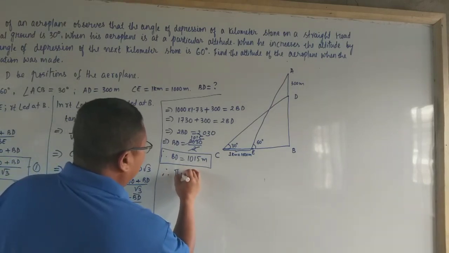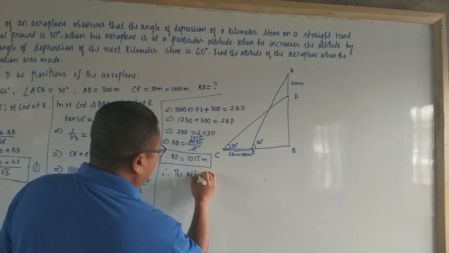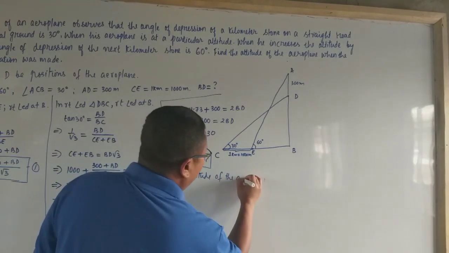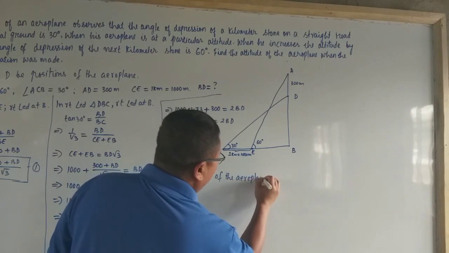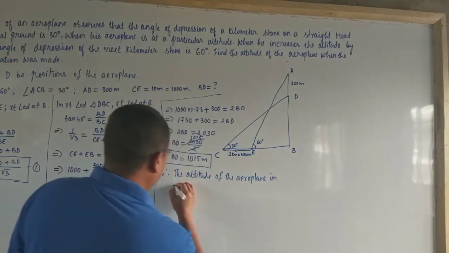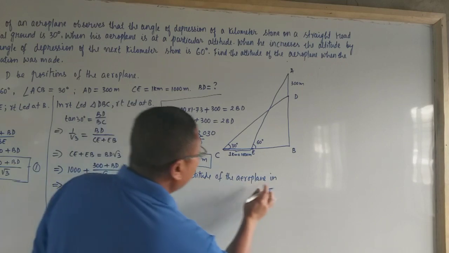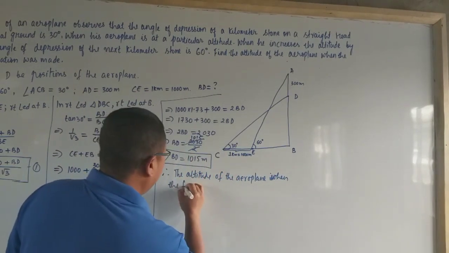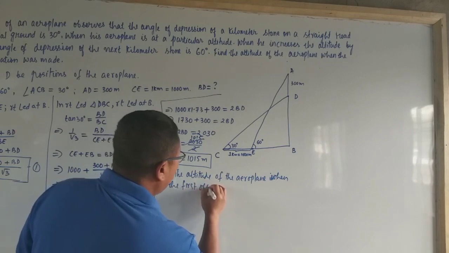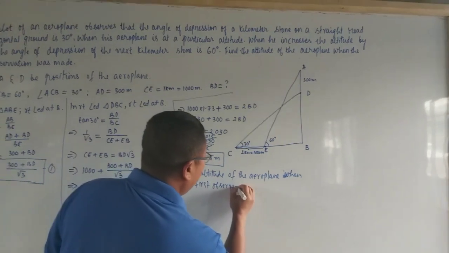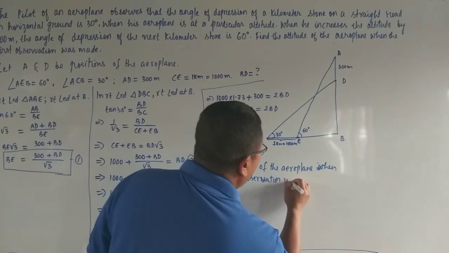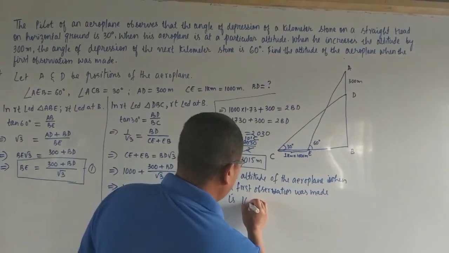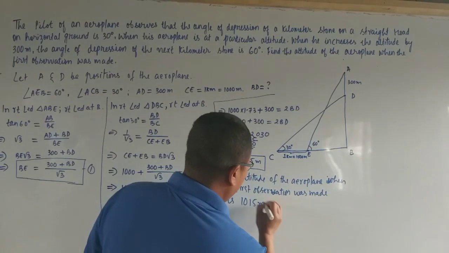Therefore, the altitude of the aeroplane when the first observation was made is 1015 meters.